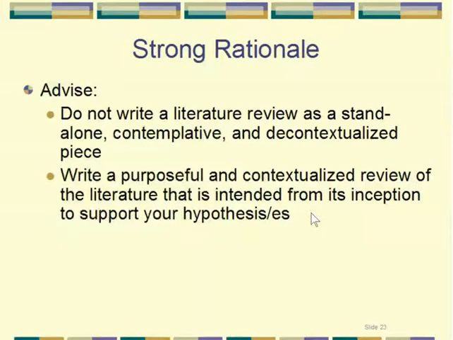Let's go a bit deeper into this. My advice is, do not write a literature review as a standalone, contemplative, and decontextualized piece. Write a purposeful and contextualized review of a literature that is intended from its inception to support your hypothesis.